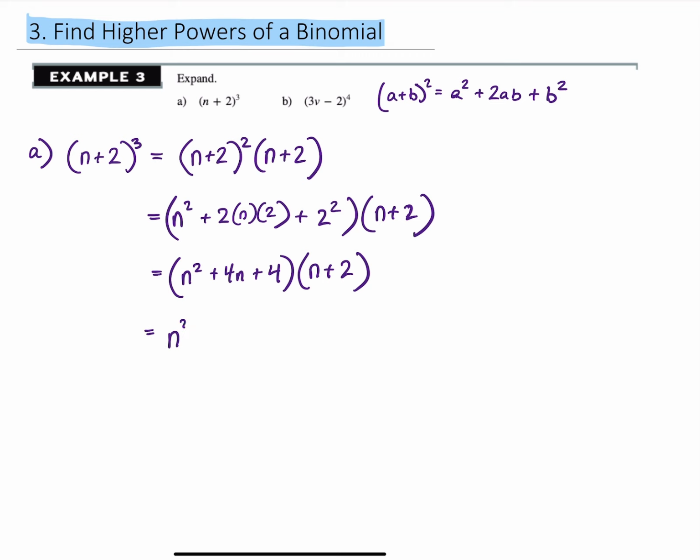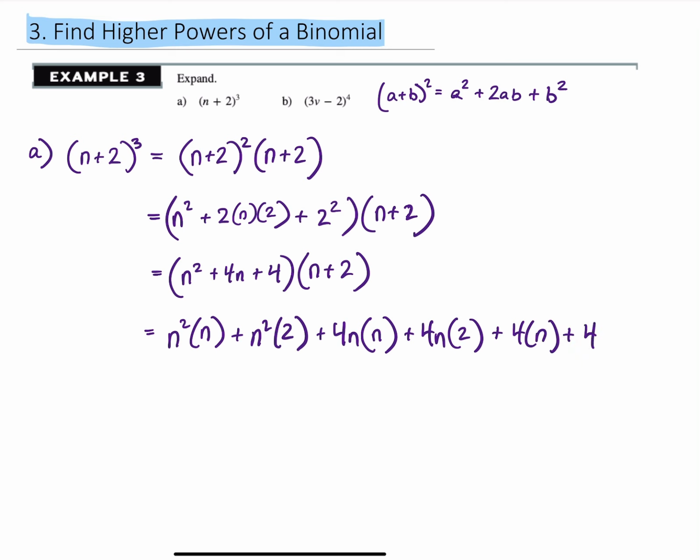Meaning I'll have n squared times n plus n squared times 2. Now I'll do this for the second term, 4n. So I'll have 4n times n plus 4n times 2. Then my third term going through, plus 4 times n plus 4 times 2.